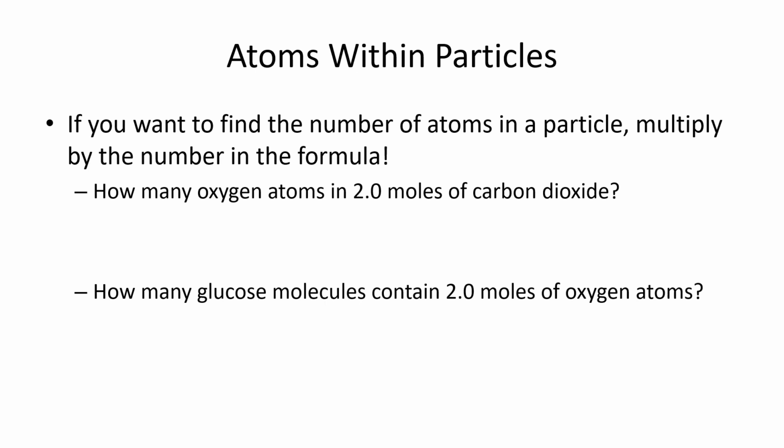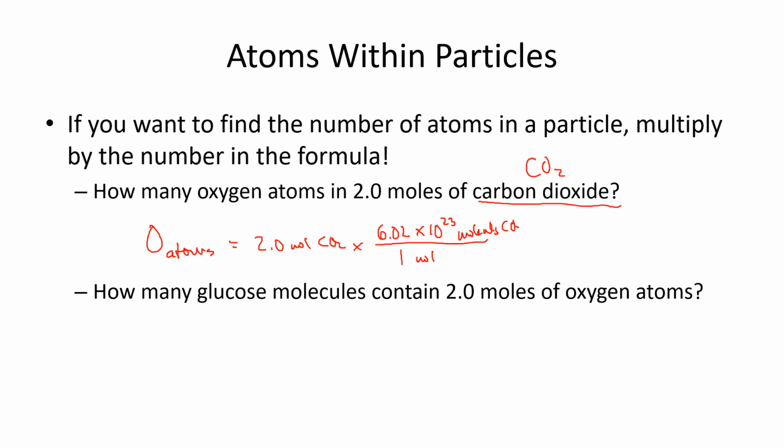Well, questions like this: how many oxygen atoms are in 2 moles of carbon dioxide? So you know that carbon dioxide is CO2. That means for every one of these carbon dioxides, we're going to have 2 oxygens. So I'm looking for oxygen atoms, and I know I have 2 moles of carbon dioxide, and then I can use Avogadro's number to figure out how many molecules. So 6.02 times 10 to the 23rd molecules of CO2. And then the trick is to just look at the formula.